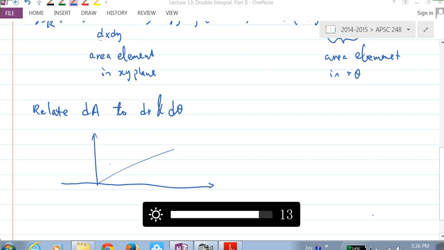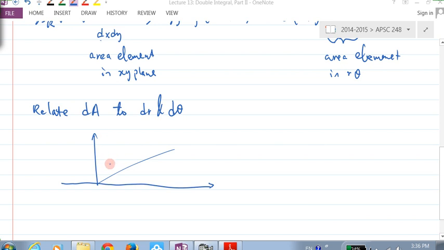Okay, so I'm going to draw some radial lines like this. At the same time, I'm going to draw some clusters of curves like that.